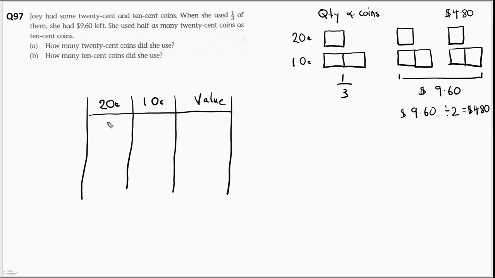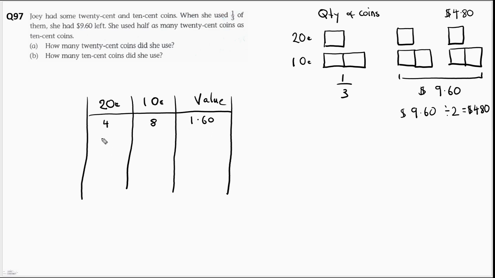Let's say we use 4 20-cent coins, we use 8 10-cent coins, because remember, this is about numbers of coins. 4 times 20 cents is 80 cents, and this is also 80 cents. So 80 cents and 80 cents is $1.60. That's not enough yet, is it?